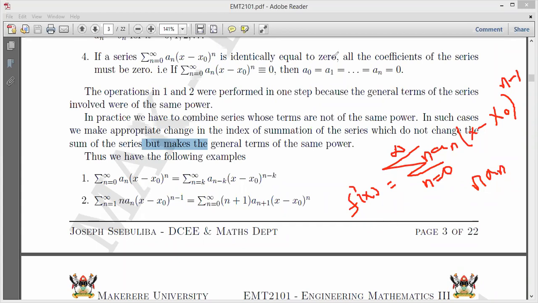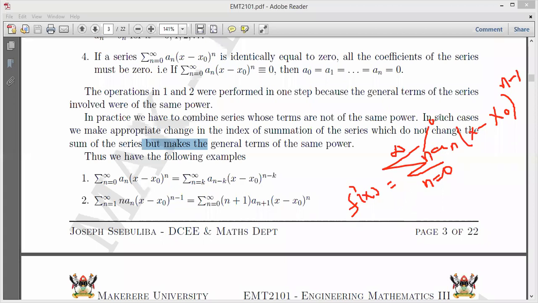So if we consider that, it would imply that in your differentiated function, now you can't run from 0. Why? If you run from 0, remember when you differentiate this with respect to x, this n here would bring problems. If you put in a 0, this whole thing will vanish.